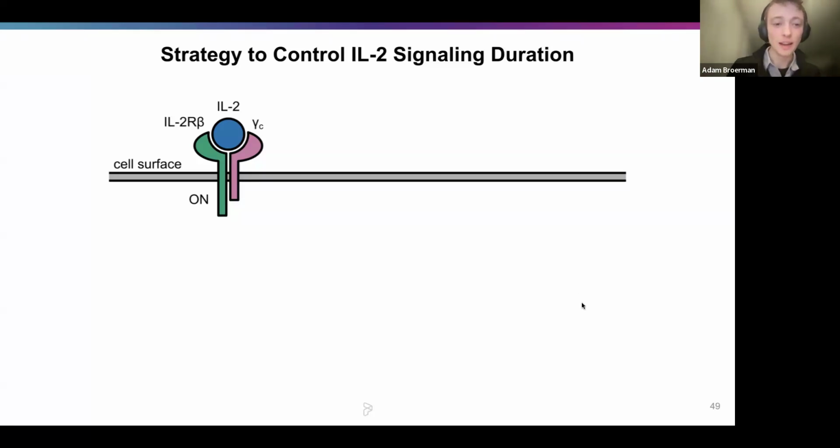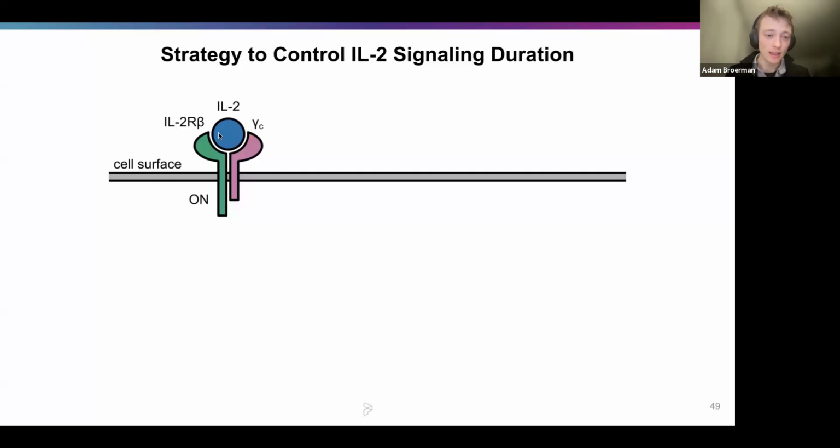In particular, I was interested in whether this could be used to control cells in new ways. The system I looked at was IL-2. IL-2 is a central immune cytokine, which generally activates T cells. So it tells them grow, divide, attack things, or regulate the immune system, that sort of thing.